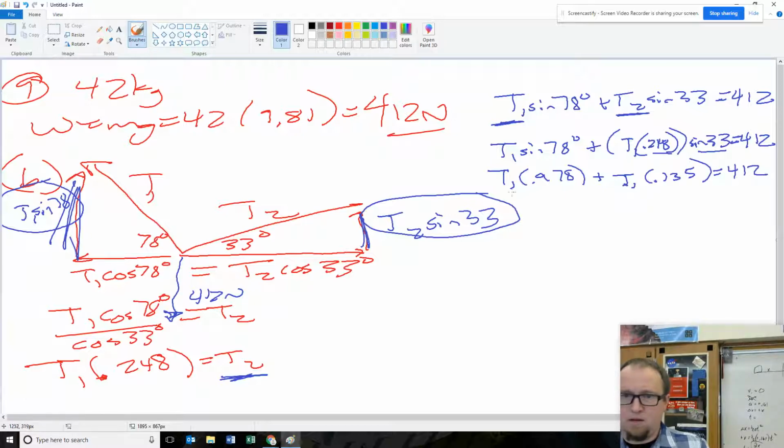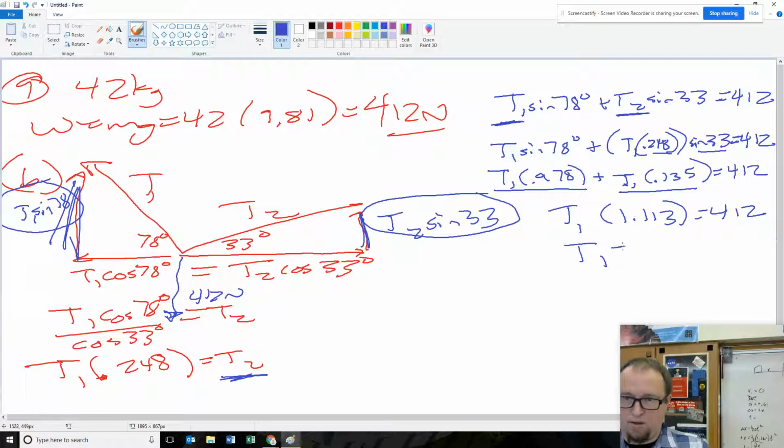Now notice I have T1 times a number plus T1 times a number, so I can combine those T1s. 0.978 plus 0.135. So T1 times 1.113 equals 412.